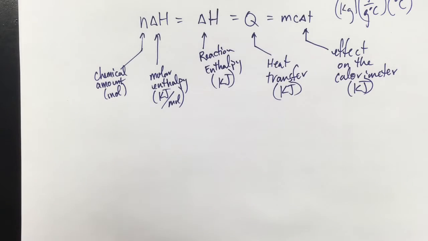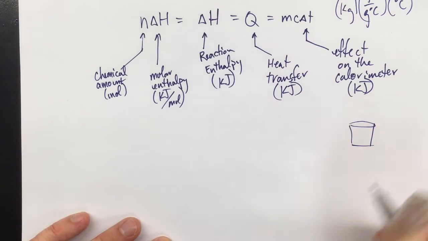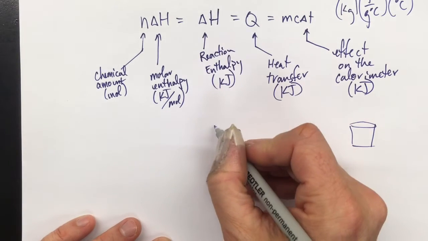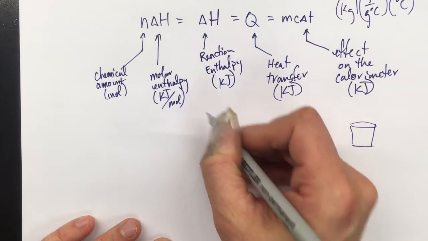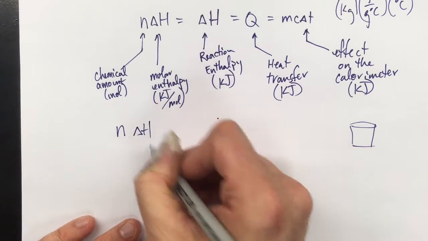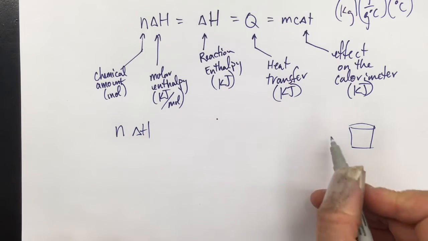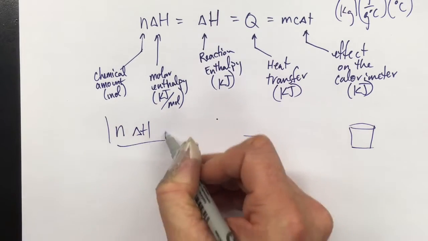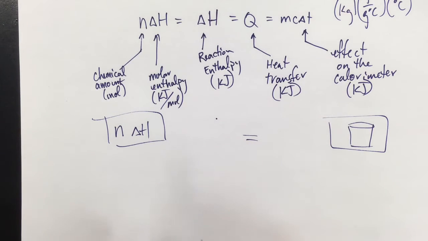So all of these values are related. The thing is that this is in our calorimeter. That's how we measure it. This is going to be the same value. This is going to be the same value. And if I know the number of moles that react, then the number of moles times the molar enthalpy will be the same value as this. So these two things end up being connected.